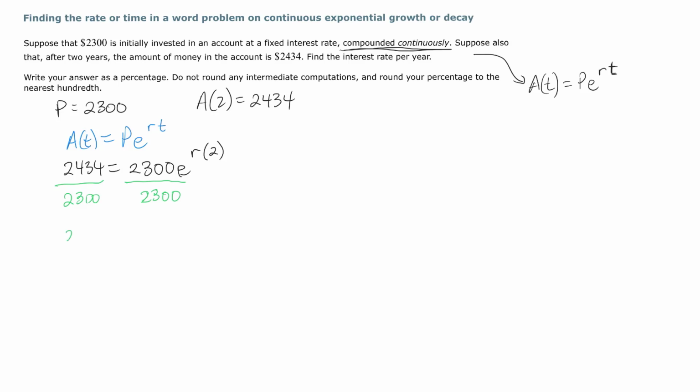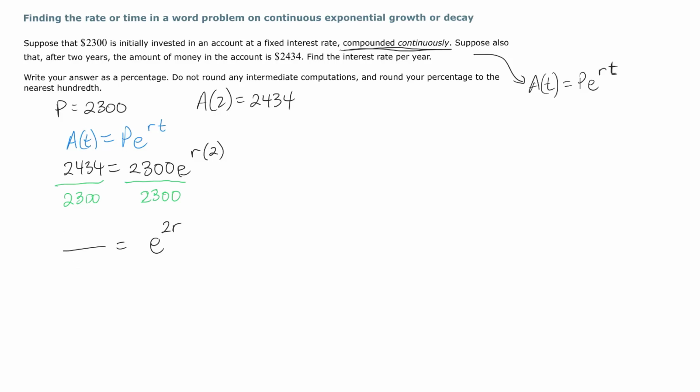Now we have 2434 over 2300 is equal to e to the 2r. Actually, we should reduce that fraction on your left by 2. How about that?